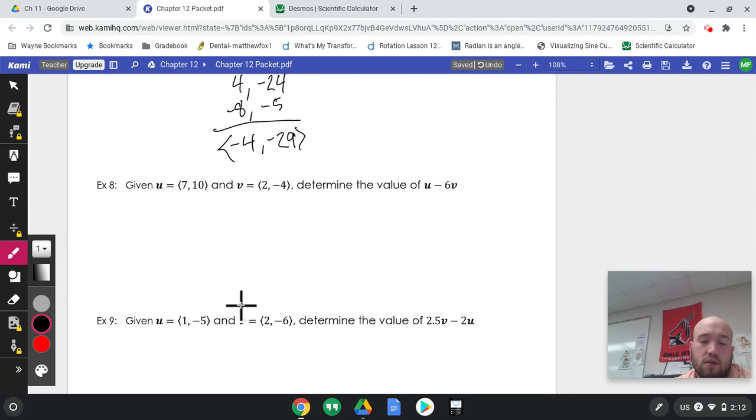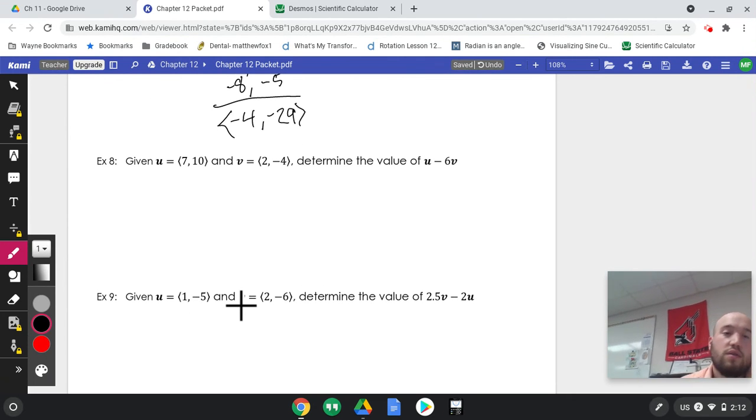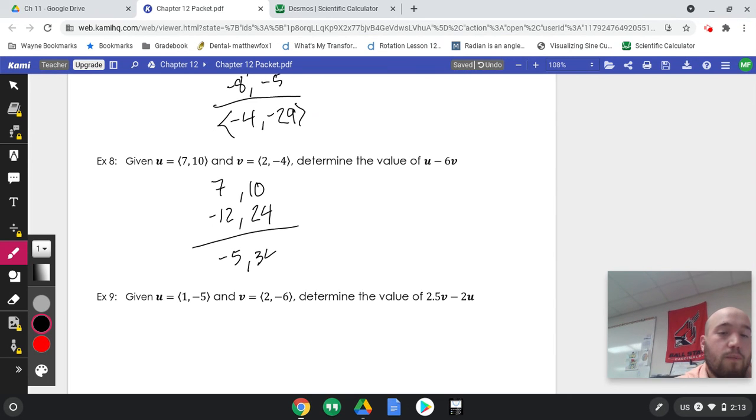All right, our next one, u is just as is, 7 comma 10. Negative 6v, so negative 6 times 2, negative 12. Negative 6 times negative 4 gives us 24. We'll get negative 5, 34.